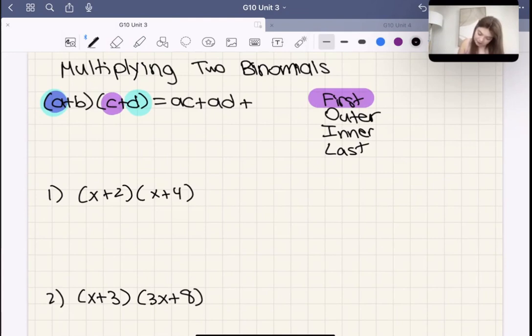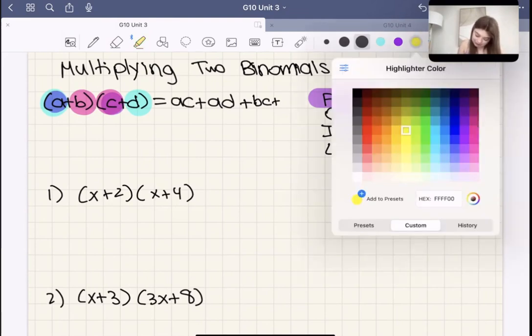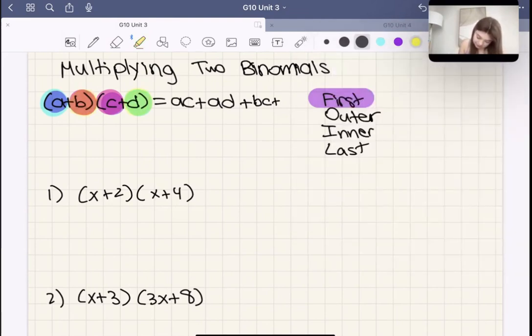What about inner? Inner would be the opposite of outer, so just B and C, the two in together. So plus BC. And then last but not least is last. Last will be D and B because they're the last ones in their respective brackets. So that would be BD, right?